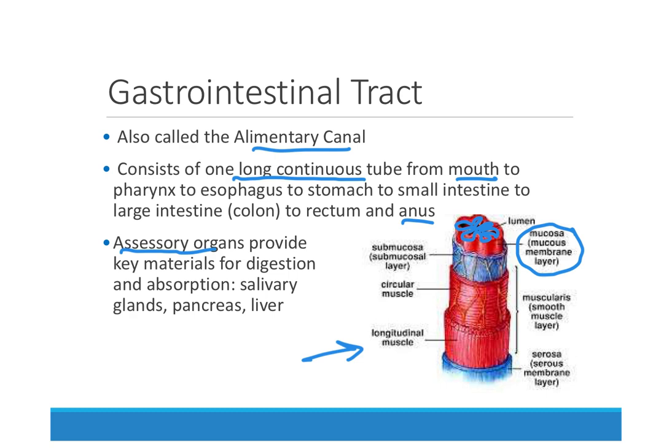Underneath that mucous membrane layer, you have a submucosal layer, and then you have several layers of muscles. We have muscles that run both in a circular direction around your digestive tube and also in a longitudinal direction, that's up and down.